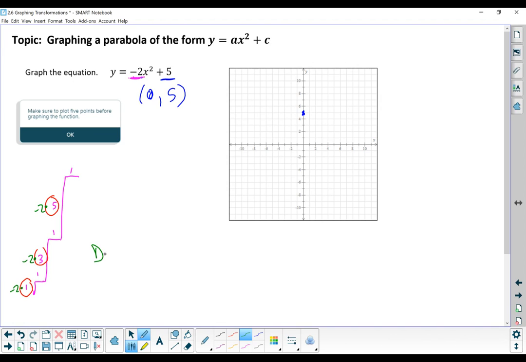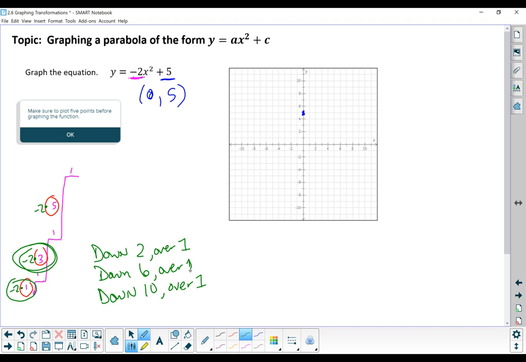So this thing's going to go down 2/1. That's from this. Then it's going to go down 6/1 from this step in the pattern. And then it would go down 10. Now that's not even going to fit on our grid. And we don't need to plot that point anyway because we just need to plot a total of 5 points.